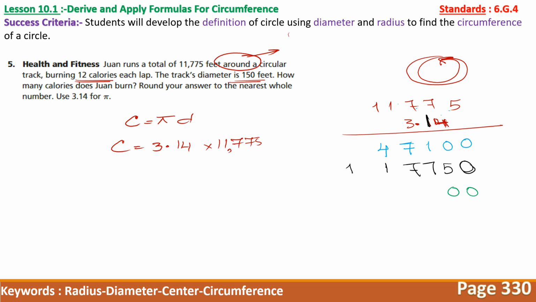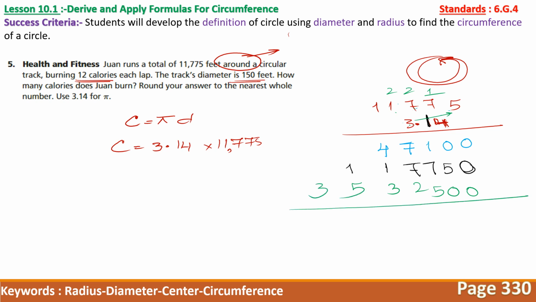Now multiply 3 times 5, 15, 5 down, 1 up. 3 times 7, 21, 21 plus 1, 22, 2 down and 2 up. 3 times 7, 21, 21 plus 2, 23, 3 down, 2 up. 3 times 1 is 3 and plus 2, it will give us 5. 3 times 1 is 3.